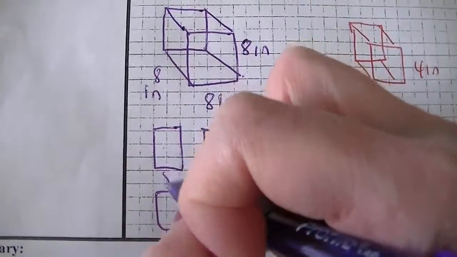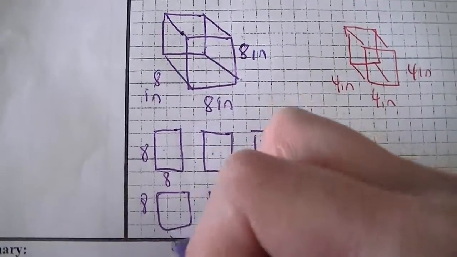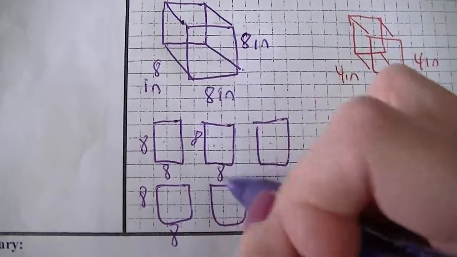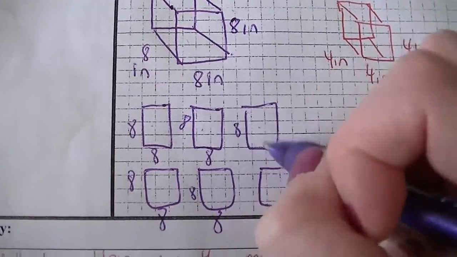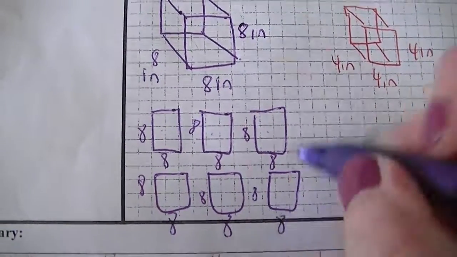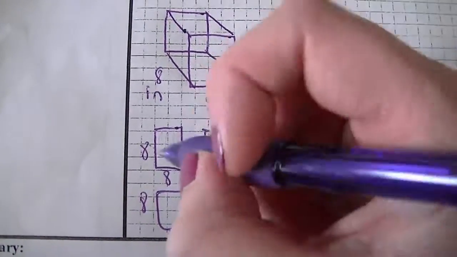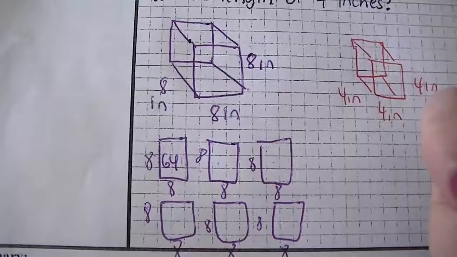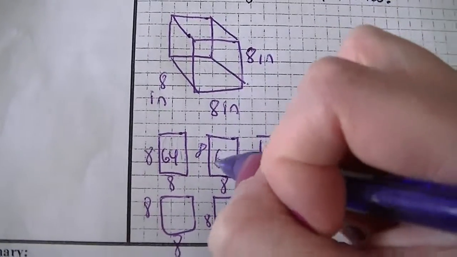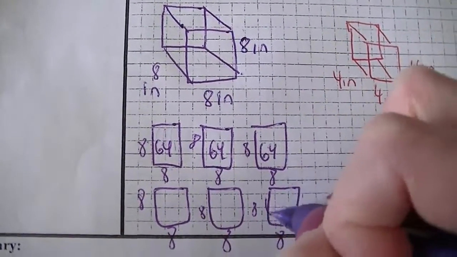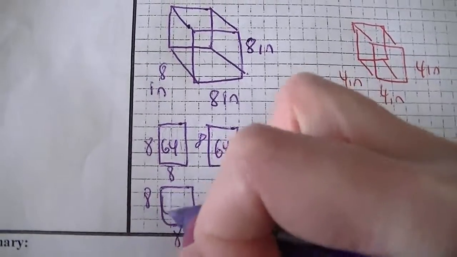So I know it's an 8 by 8, 8 inches by 8 inches. I'm not labeling inches right now, simply because I just don't have enough room. All right, so the area of this face right here, 8 times 8 is 64 inches squared. That's also 64. They're all 64 inches squared.